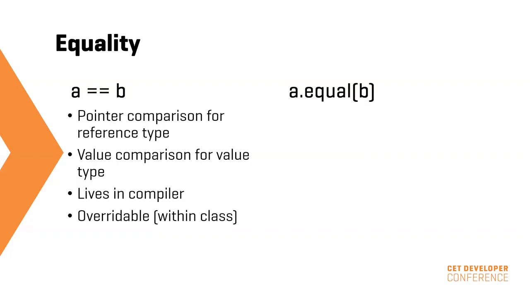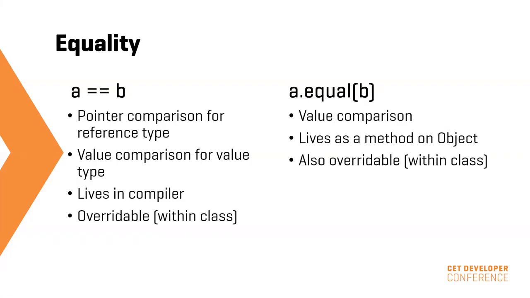You can override the double equals operator by doing the bool operator double equals within your class. You can also declare your own value types and override this. And then there's also dot equals.